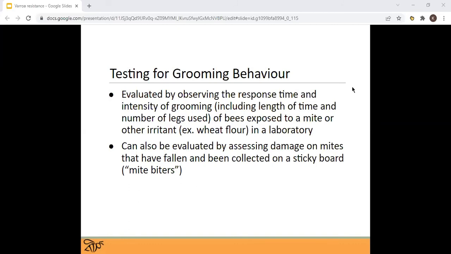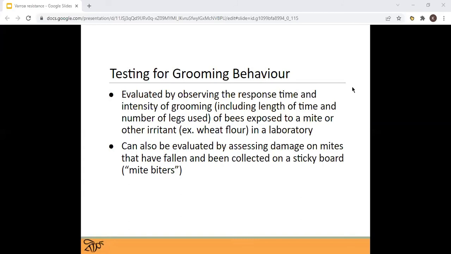If you're doing it in a lab, you can have a little petri dish, add a mite onto it, and observe the bee's response after being exposed to the Varroa mite. It can be a little tricky sometimes to get live mites in the lab, so on occasion substitute irritants like wheat flour have been placed onto bees, and the grooming behavior recorded based on exposure to a substitute irritant.